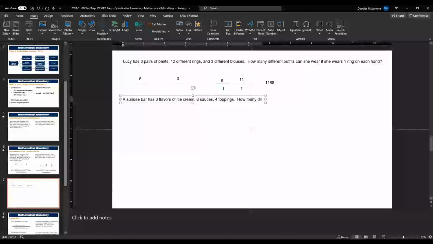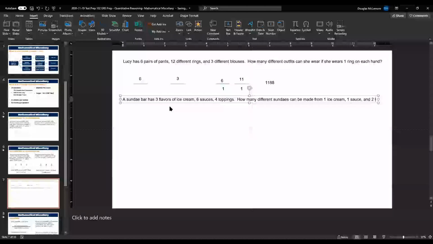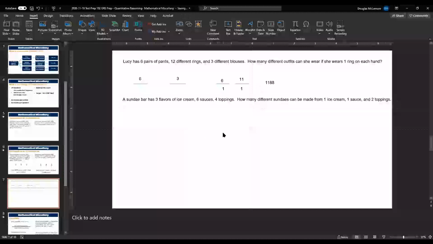How many different sundaes can be made from 1 ice cream, 1 sauce, and 2 toppings? Is this any different than the last question? Or is it just different numbers?